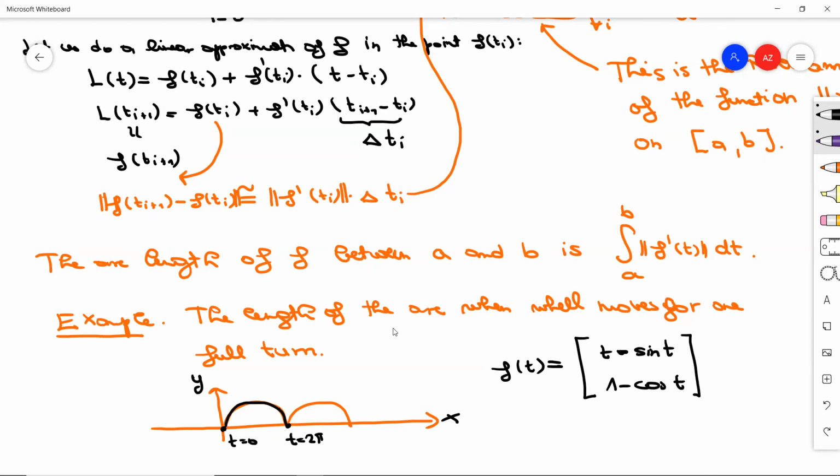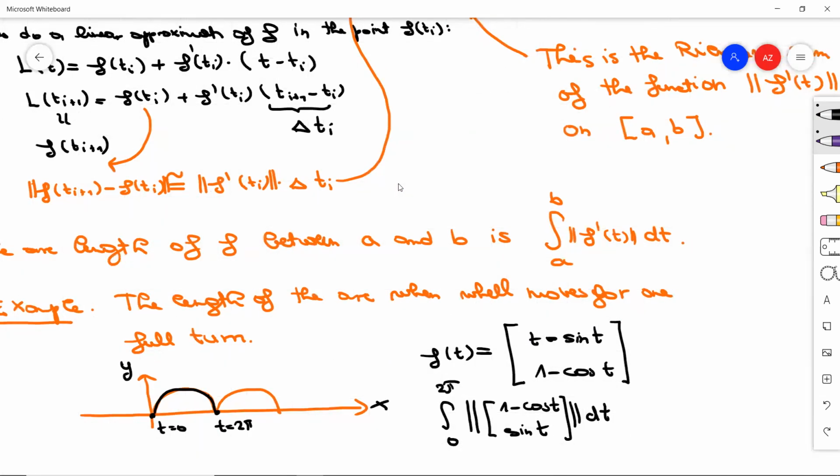So we want to calculate the integral from 0 to 2 pi of the norm of the derivative, which is 1 minus cosine t, and then sine t. This is the integral from 0 to 2 pi of the square root of (1 minus cosine t) squared plus sine t squared.